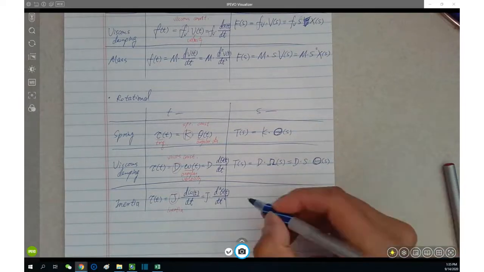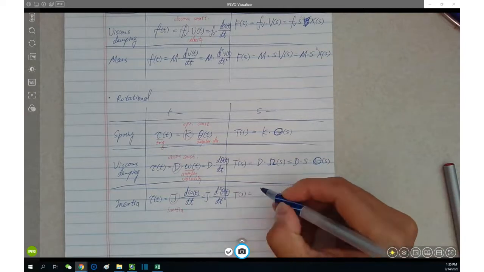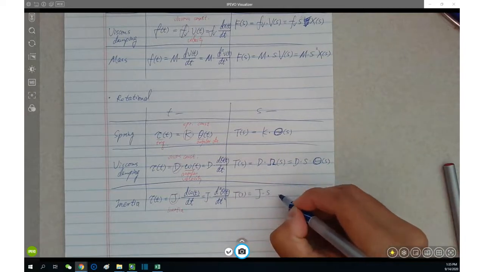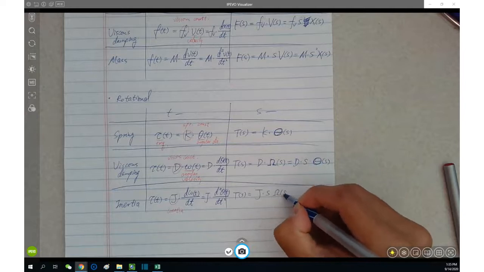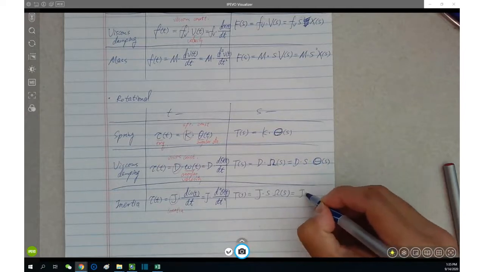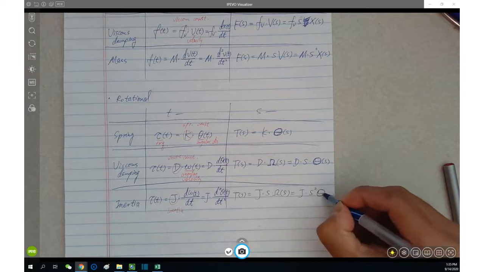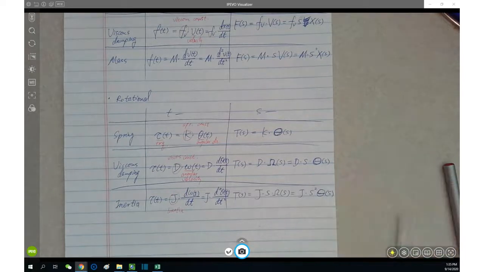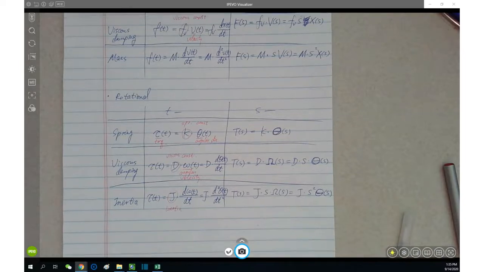The last one, T of S equals J S omega of S, also J times S squared, stronger theta of S. These are 3 tables basically summarizing all of the basic physical system component behavior, based on which we can further derive the system transfer functions.